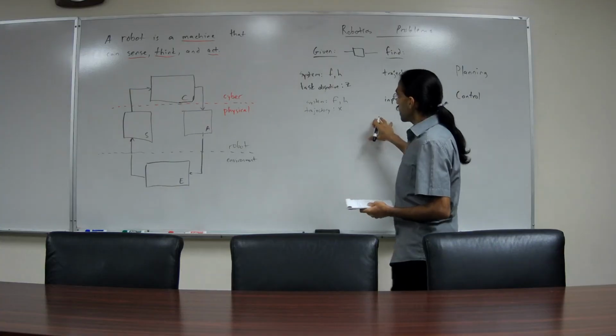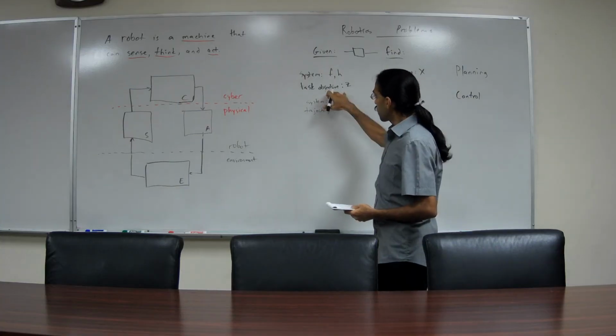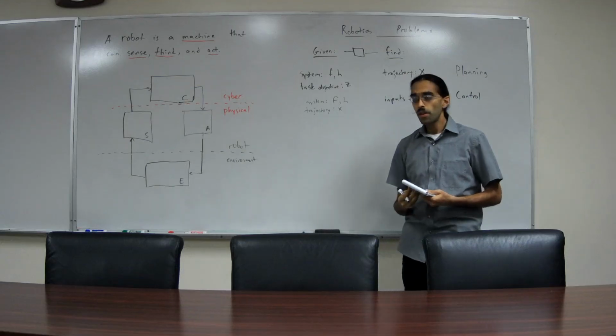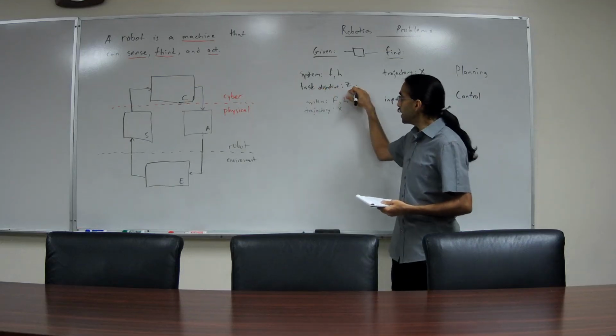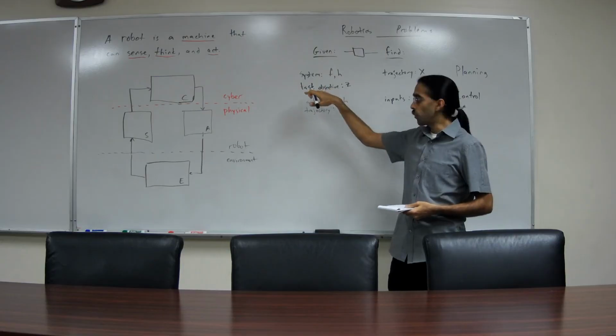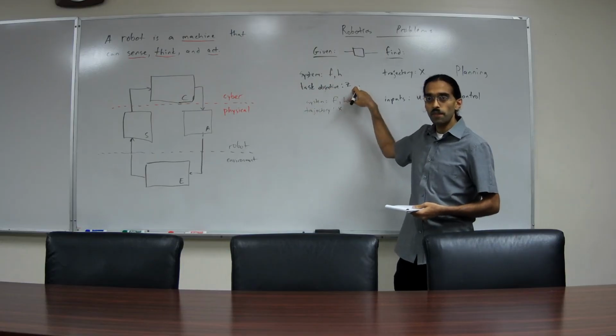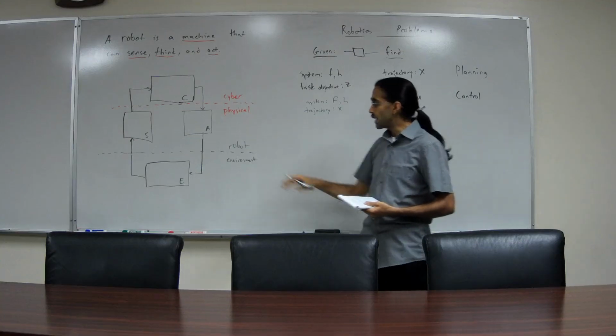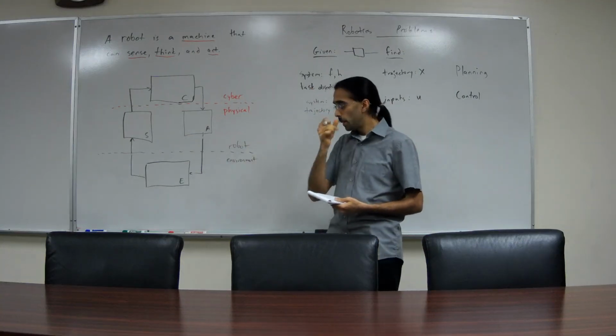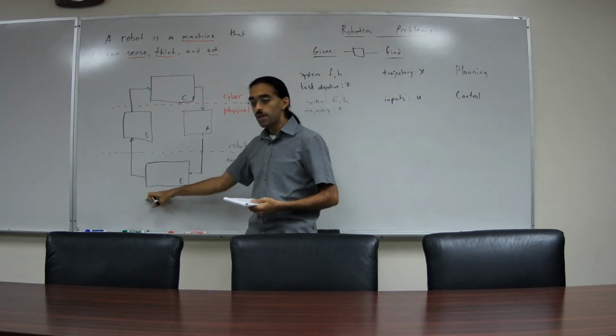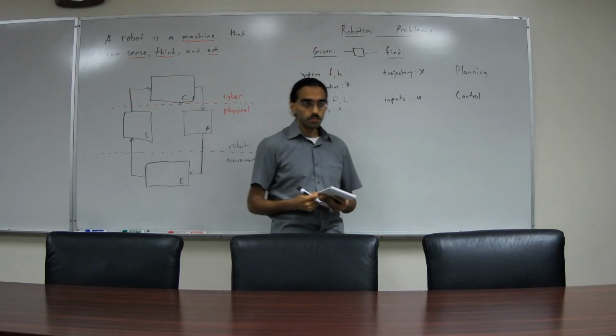Now, for both of these, or for the planning and control problem, we start with this notion of the task objective. The reason that in one case we can define a task objective as a sequence z, as the output to our robot, is that the outputs to our robot feed into the environmental system.